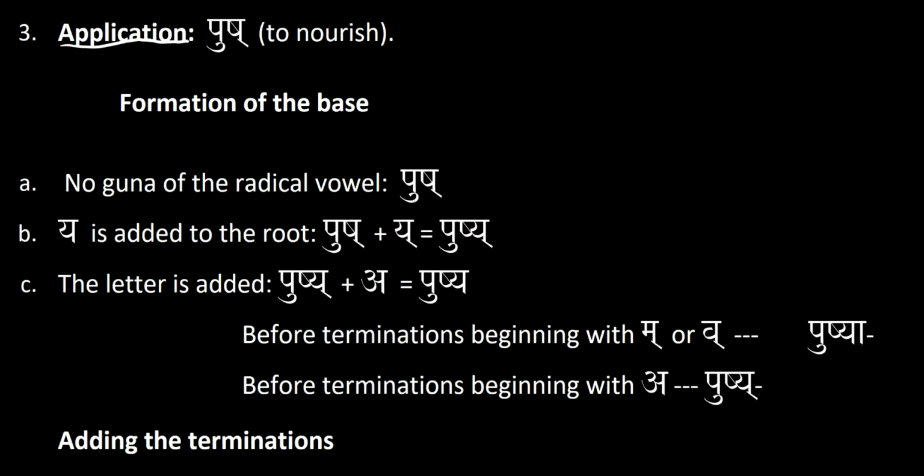So notice how this is formed here. What was basically done, instead of writing the entire sha, they just wrote the sha without this line here, okay? And then they added that to the ya, and then they made pushya.